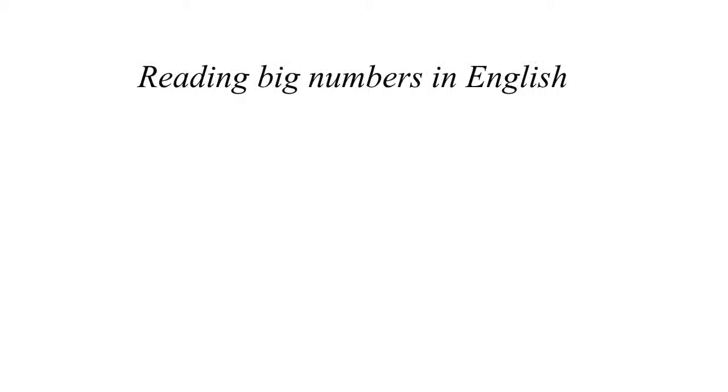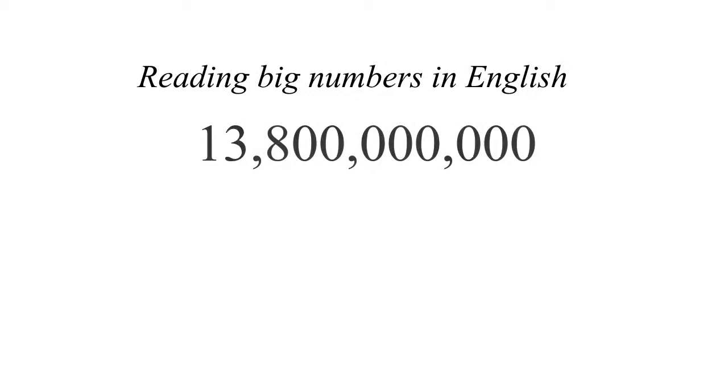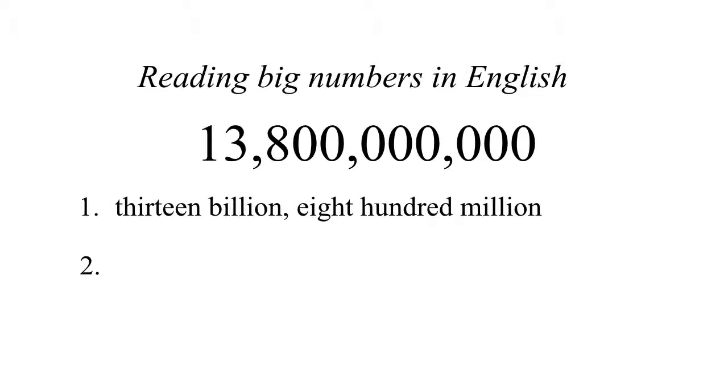Now, let's say, for example, that you're talking about the age of the universe, which scientists currently guess is about this many years old. Now, there are two ways that you can say this number. Now, of course, like we said before, we can read this as 13,800,000,000. But if you're reading an internet article or a newspaper or magazine, you might see this number written differently.